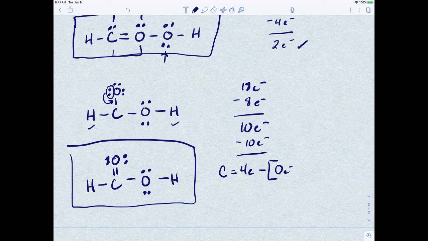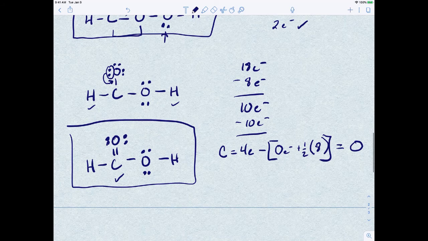Well, in this case, carbon's got 4 bonds, 2 in a double bond and then 2 singles. So that's 8 electrons. Half of 8 is 4, so 4 minus 4 gives us 0. So already carbon has a formal charge of 0 in this structure, which is awesome.